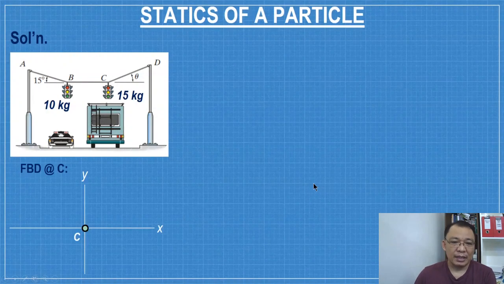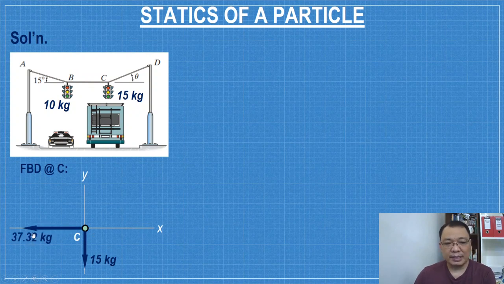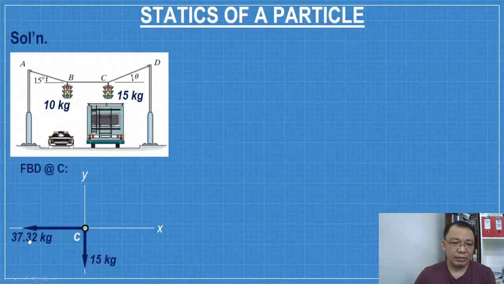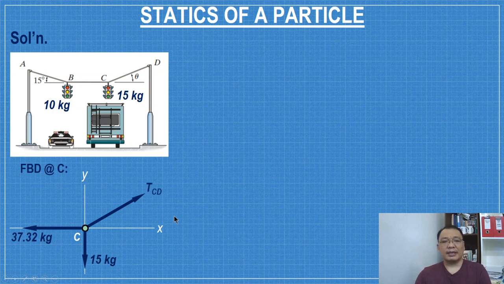So, at joint C, what are our forces? 15, and then TBC, 37.32. And then TCD and theta. So the unknowns are TCD and theta.